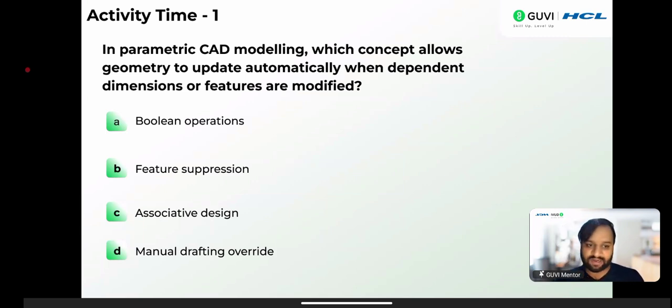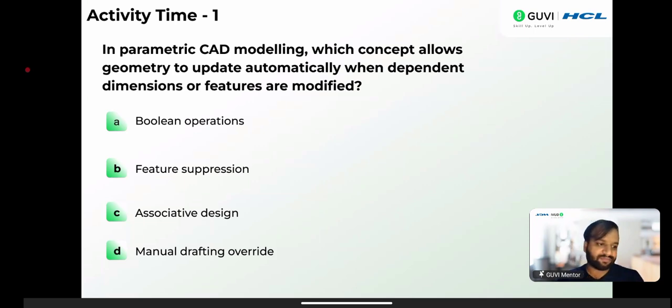So when we start designing, for example, I created a circle. I have already declared a diameter of, let's say, 50 mm. When I am giving the dimension, the option will appear, and then I need to select that option which I have already declared.